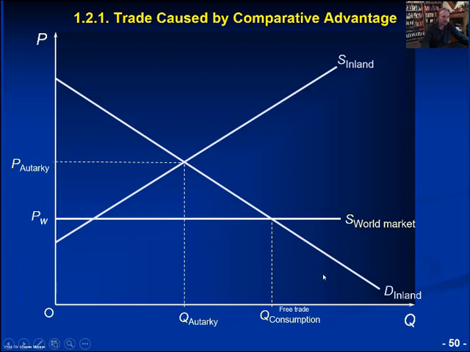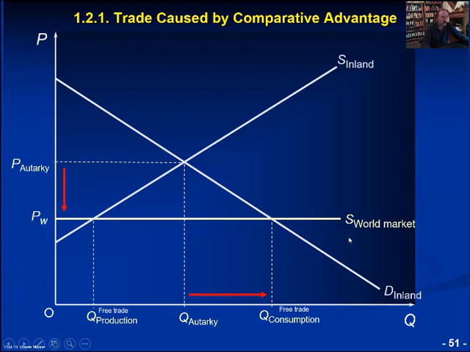Under these assumptions, consumers will have the chance to buy refrigerators at the lower world market price. So they are no longer willing to pay the higher autarky price. According to their demand curve, consumers will demand also a higher consumption quantity as under autarky conditions.